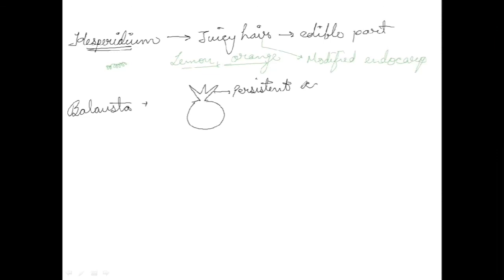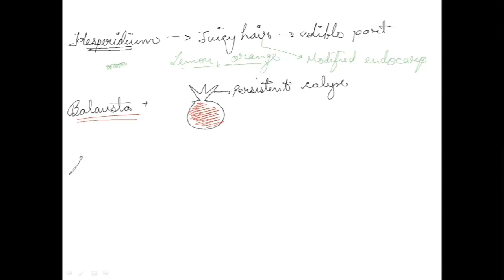Now you all can understand what fruit it is. It is quite reddish in color, so I'll just color it with red. Now what is it? Pomegranate, anar, right? So Balausta has this persistent calyx in the form of a crown. Example is pomegranate, or in Hindi we call it anar.